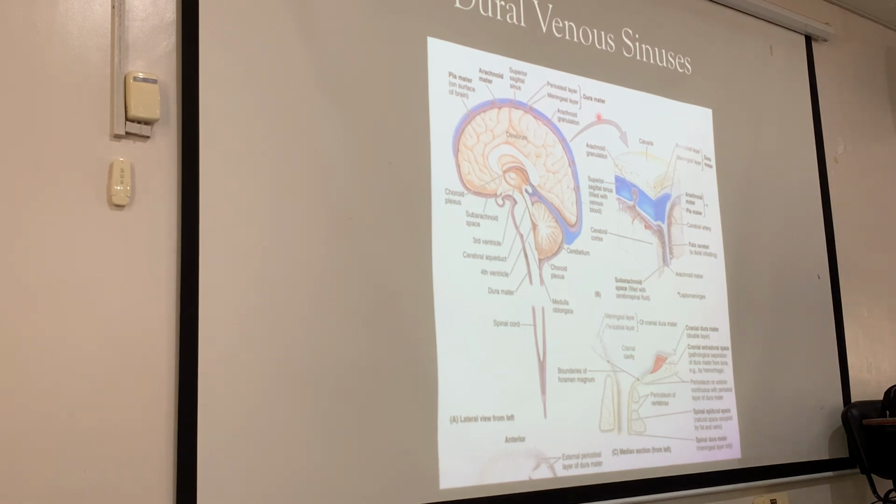Okay, so if you look at a side view of the right cerebral hemisphere, here our patient is facing to your left side. The left cerebral hemisphere has been removed, and we are seeing the right cerebral hemisphere from the side.